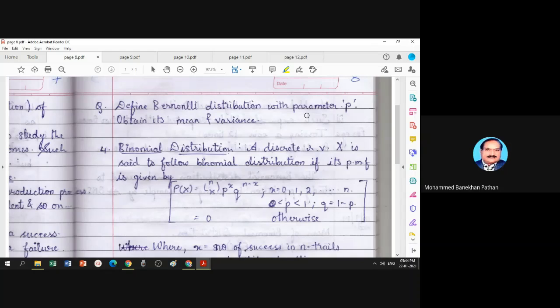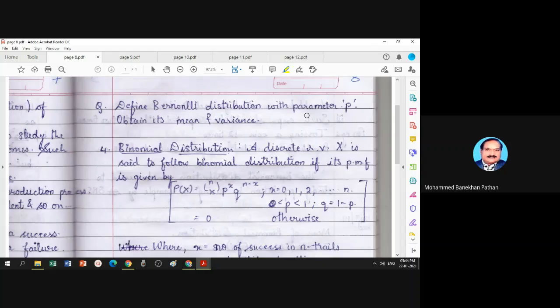Bernoulli distribution is basically based on Bernoulli trials. That means a random experiment which has two possible outcomes classified as success and failure.